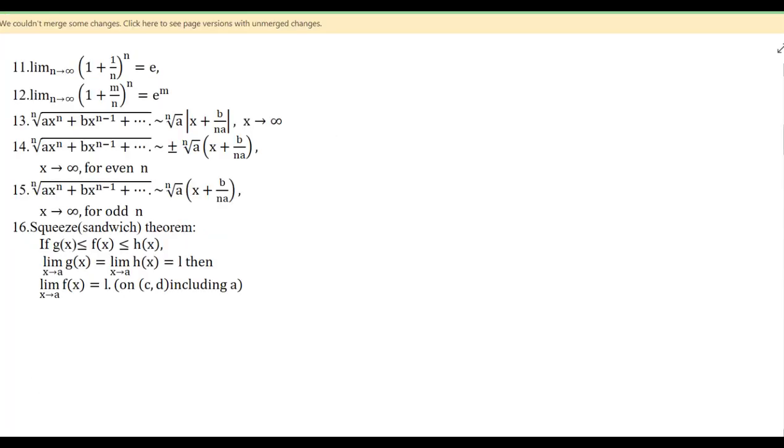According to 14, if n is an even number, the radical of ax^n plus bx^(n-1) is equivalent to positive and negative radical n times x plus b over na.